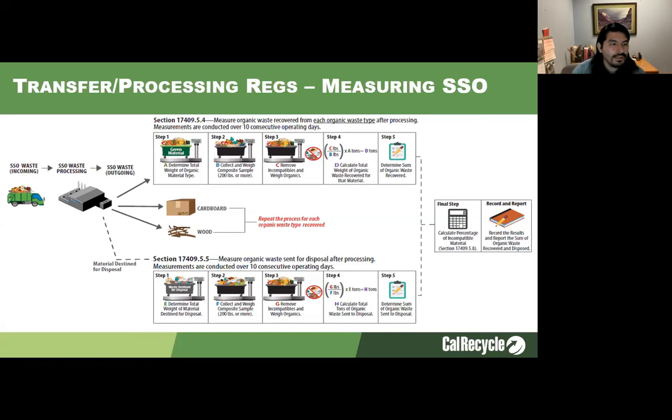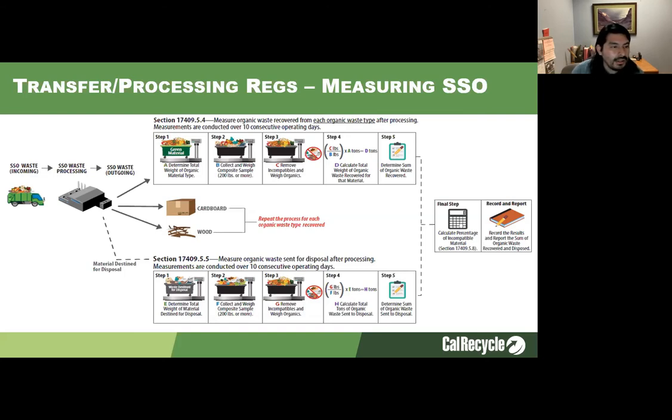In this infographic, it's represented by a truck coming in. It goes to that facility, at which point it gets processed. Once it gets processed, material comes out of that process, and that's sent for recovery or further processing.